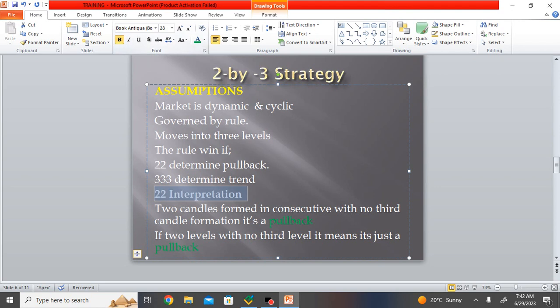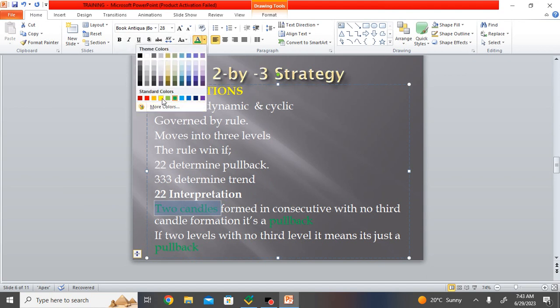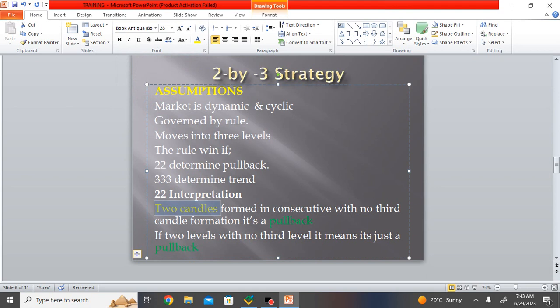Okay, this is the 22 interpretation: two candles, oh, this color is not good, let me change. Switching to yellow. Two candles, if two levels.